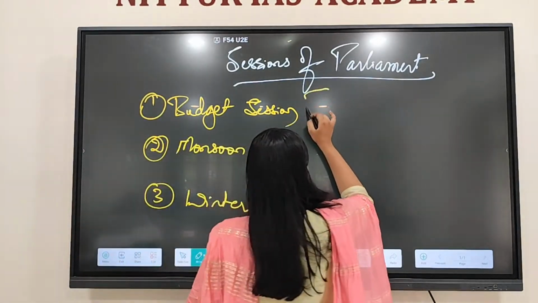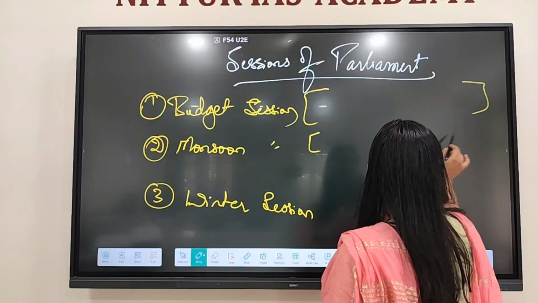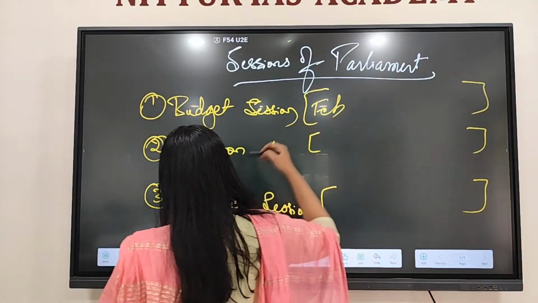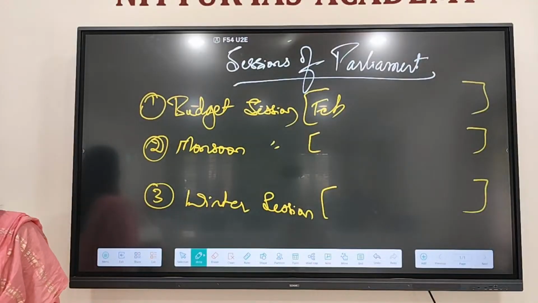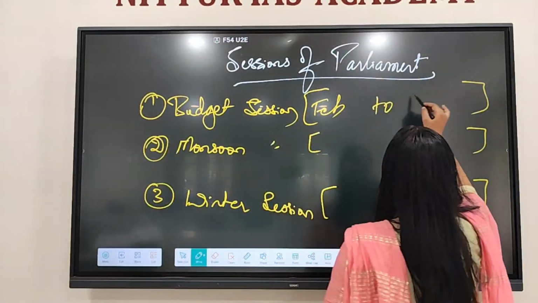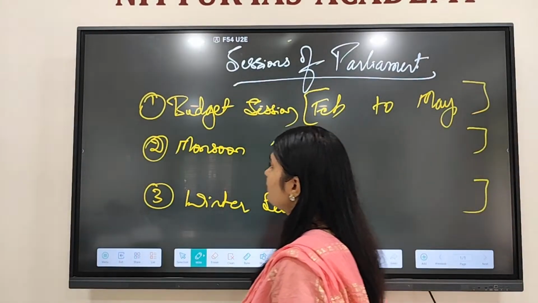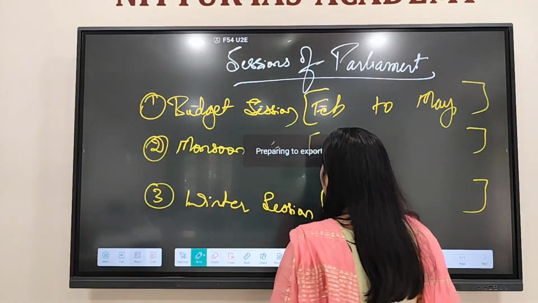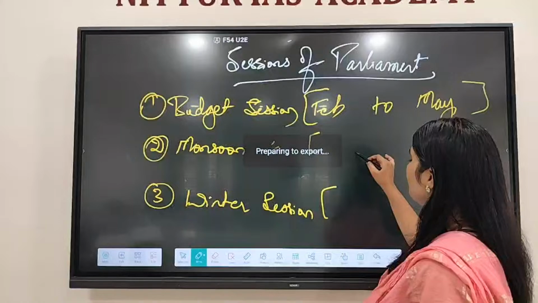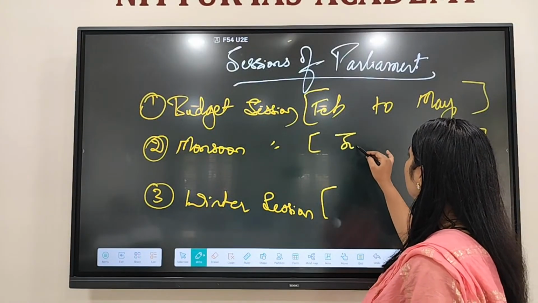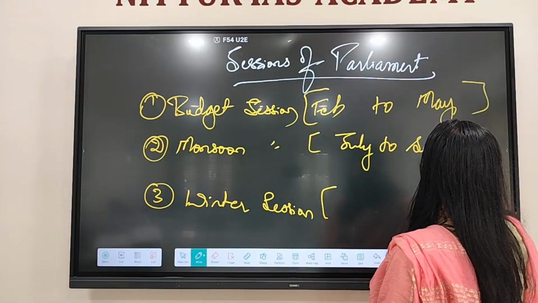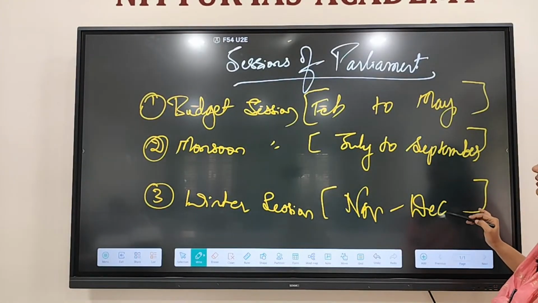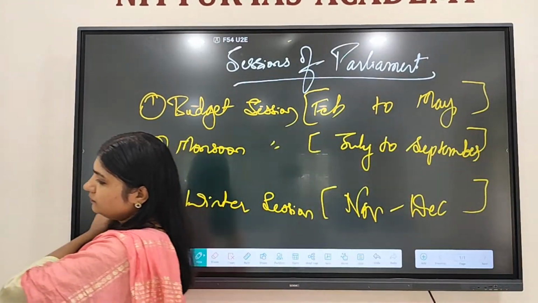Okay. From the period February to May. Next, July to September. Next, November to December. Write down this.